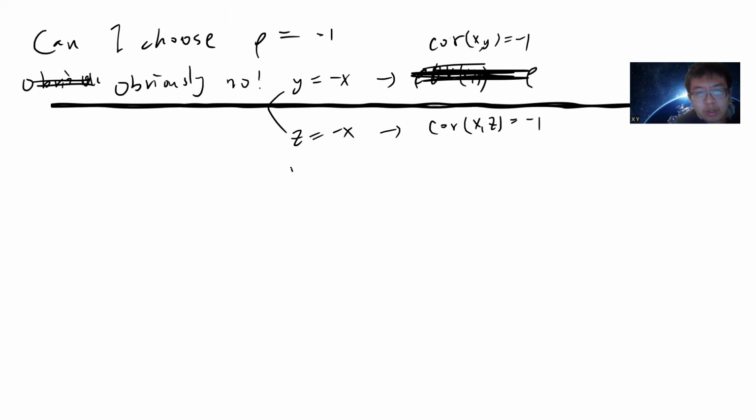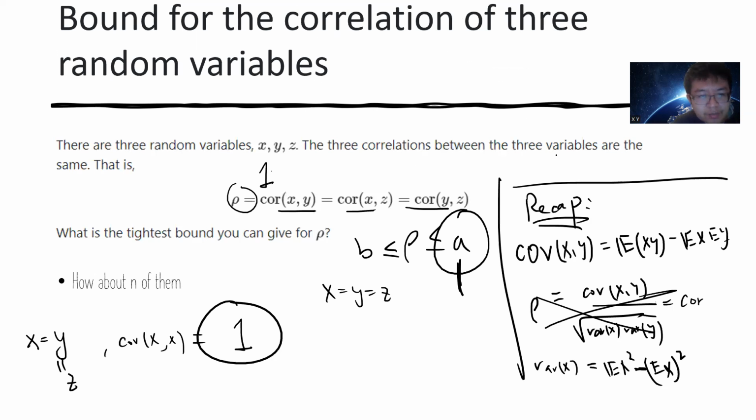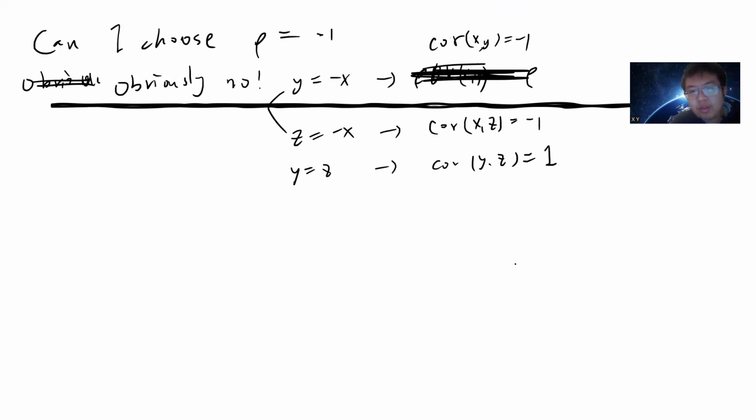But in this case y equals z, so the correlation between y and z will be 1. So this tells you that you cannot choose everything to be -1. There must be some constraint.